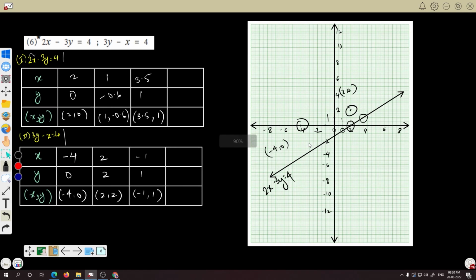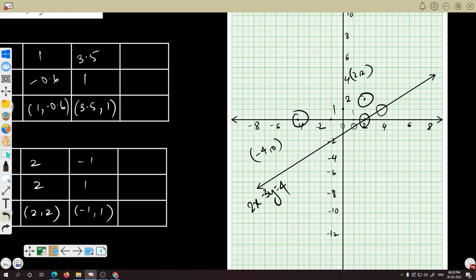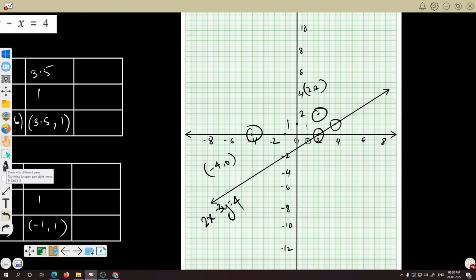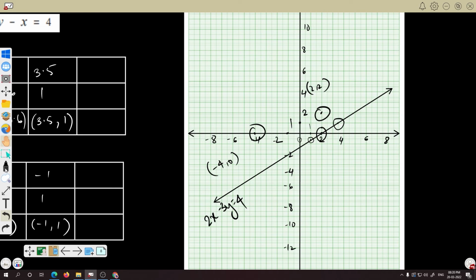I'll zoom in for accurate marking of the coordinate. This is minus 1 and this was plus 1 on the y-axis. So if I mark this point, this point is minus 1 comma 1.